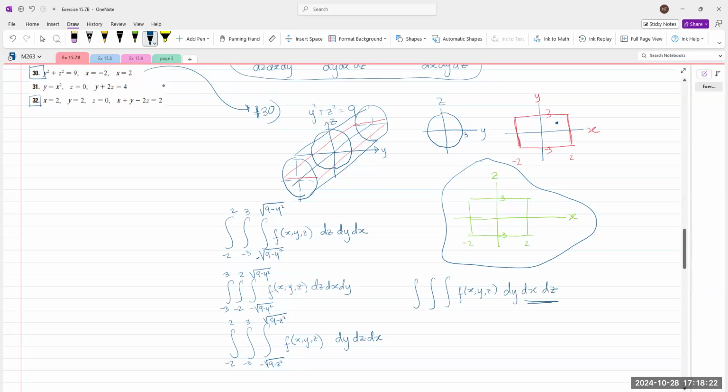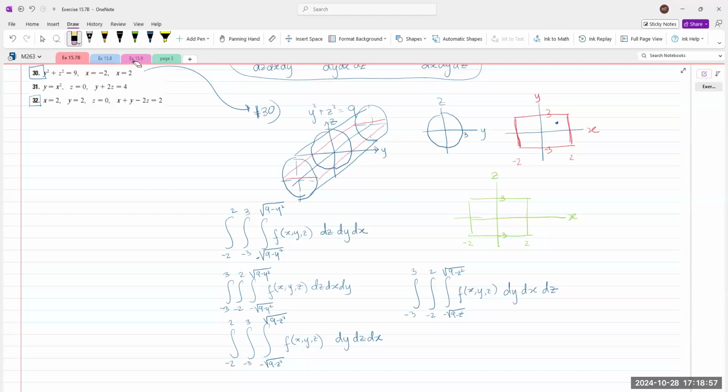Now using the same quote-unquote domain of integration, the outer two integrals, we get the z will be from -3 to 3, the x will be from -2 to 2, and then y will be from negative square root of 9 minus z squared to square root of 9 minus z squared. Okay, we have 4 right now.